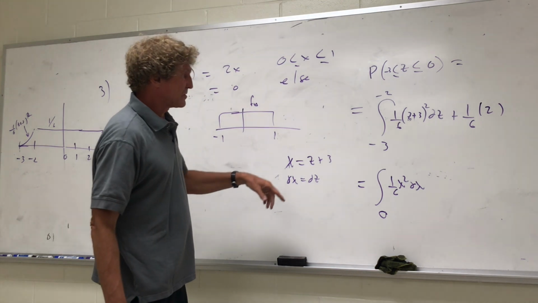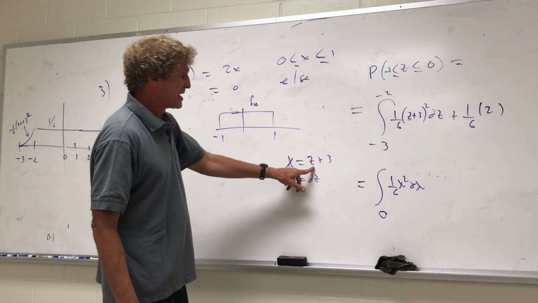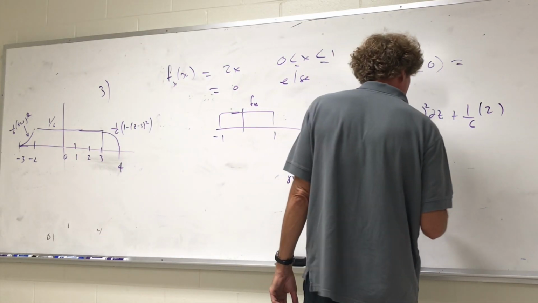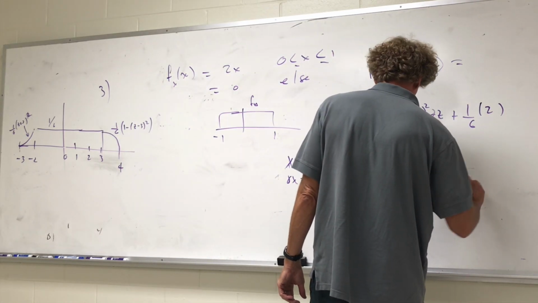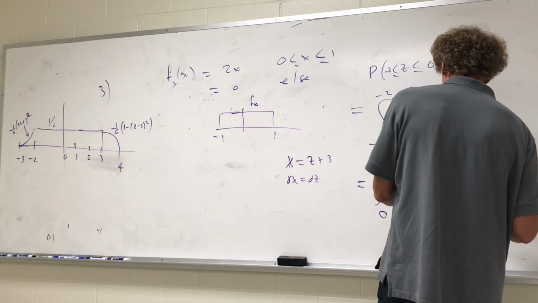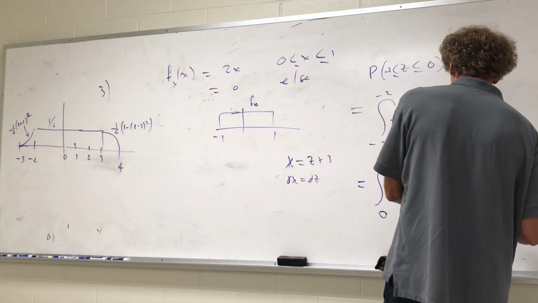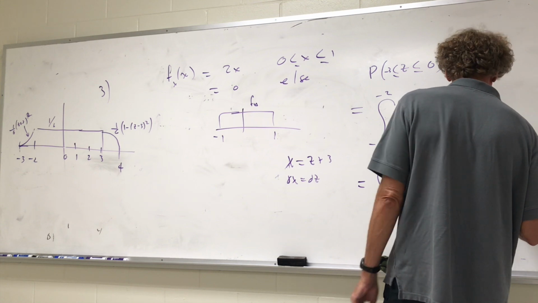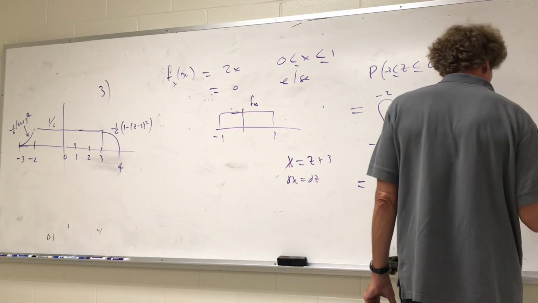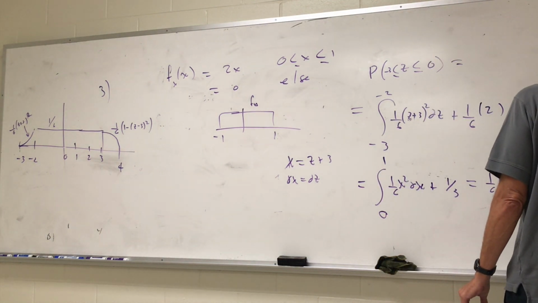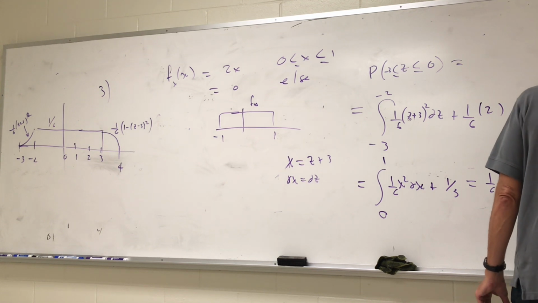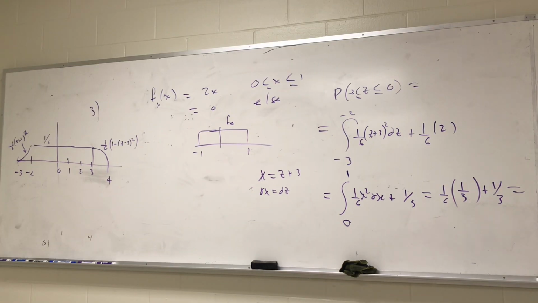If z is equal to minus 2, right here, x would be equal to 1. Then when I integrate x squared dx, I get x cubed over 3 from 0 to 1, which is 1/3, times 1/6, plus 1/3. And I don't know what that is, but what is it? That's going to be 7/18.